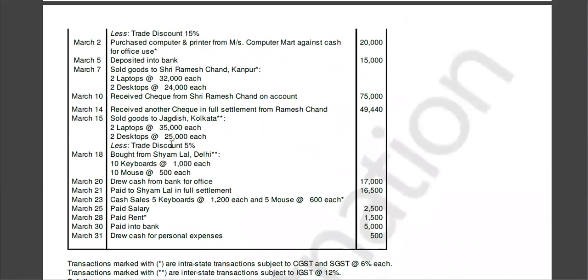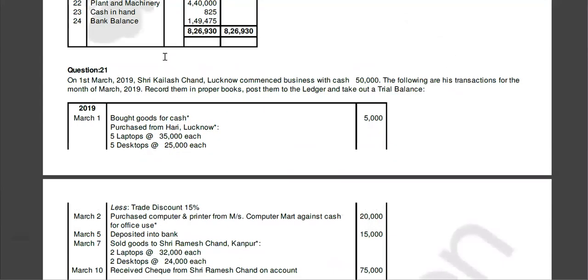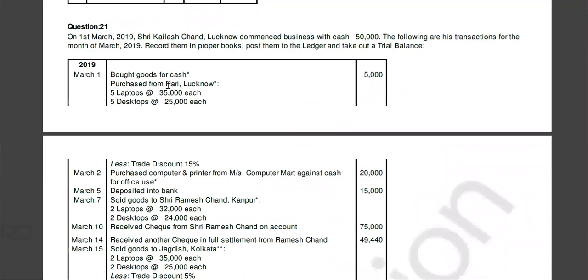Because Hari is involving credit transaction, I'll show you. See the Hari. Purchase from Hari, then purchase account debit to Hari account. Hari playing credit role, no? You have to place his balance on the credit side.